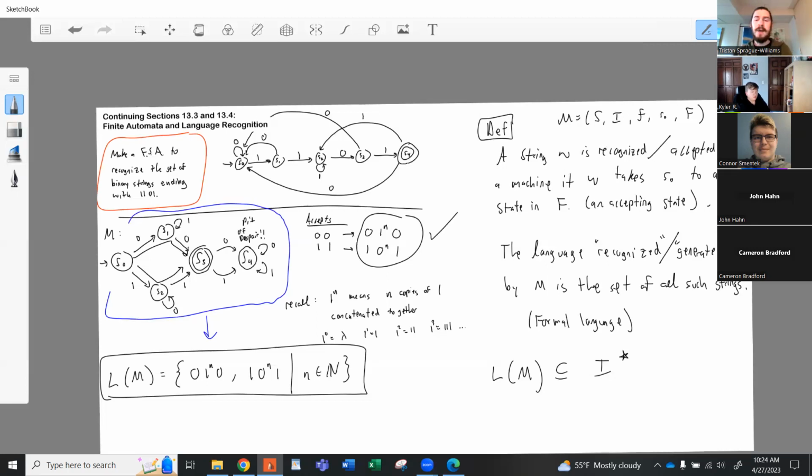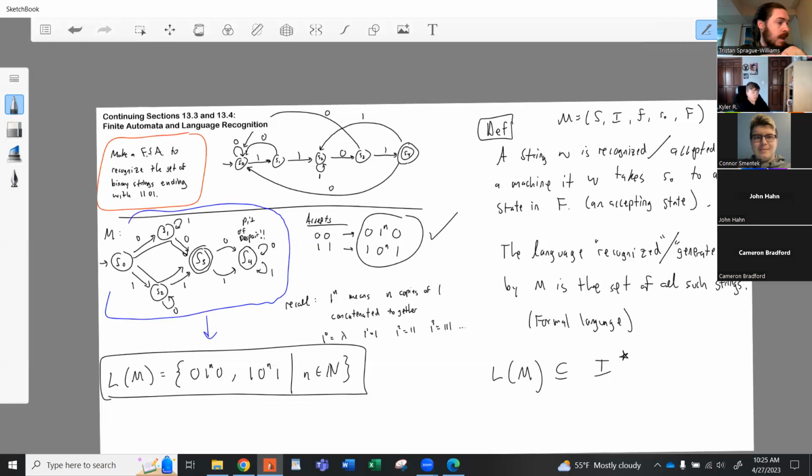Anyway, this notion of the language generated or recognized by a machine also gives us a way to define equivalence of finite state automata. We can say two machines are equivalent to each other if they generate/recognize the same language, so that basically they accept the exact same set of strings.